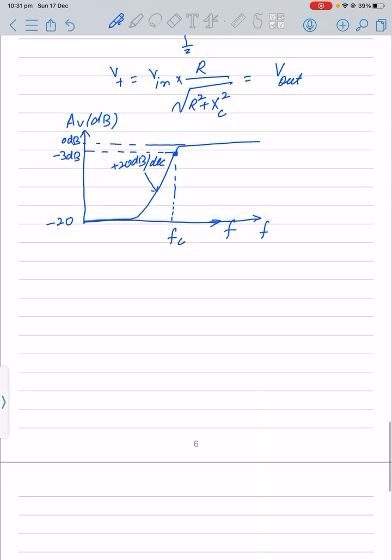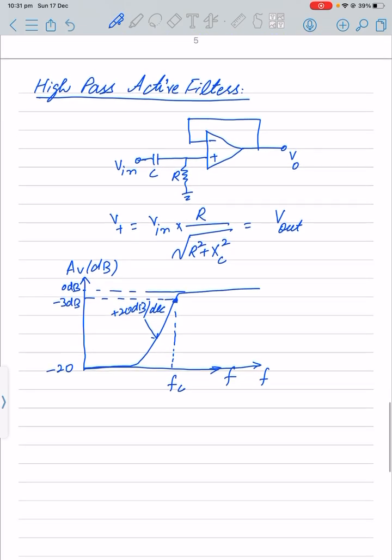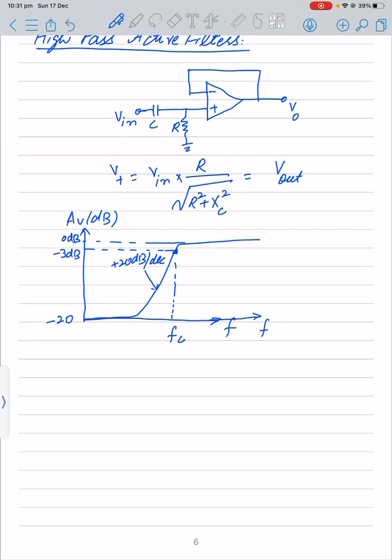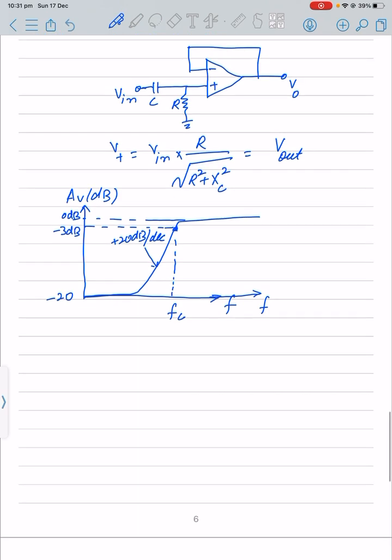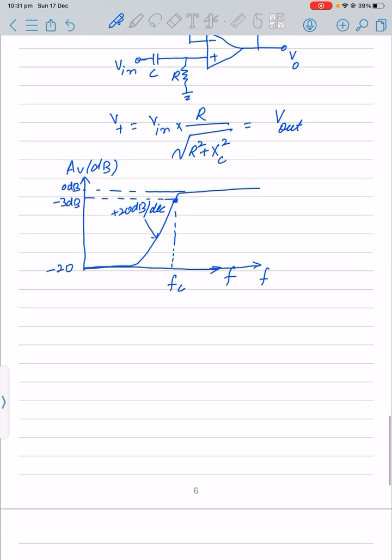Similarly, if we want to achieve a plus 40 dB per decade, then we will use a second order high pass filter, and we can achieve that second order simply by connecting two RC networks with our operational amplifier. Let me draw them for you. We again have a negative terminal and positive terminal, but this time we will have one capacitor over there, a second capacitor over there, and then a resistor.